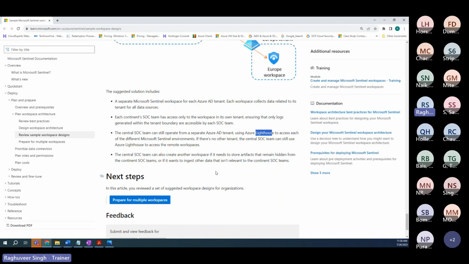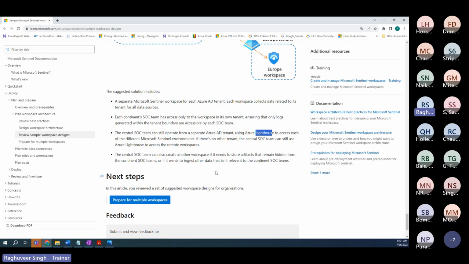And there is a fourth customer for which you are only acting as a consultant. So you will only need read-only access to their tenant, to their workspace, so that you can analyze the design. You can analyze the various aspects with respect to log ingestion, tables, the processes that they follow, analytics rules, and use cases that they have created. And you can recommend some optimization, some improvements, some additional use cases and whatnot.